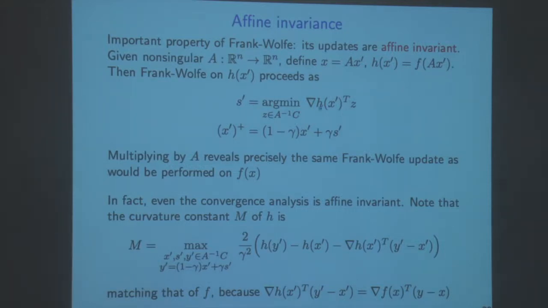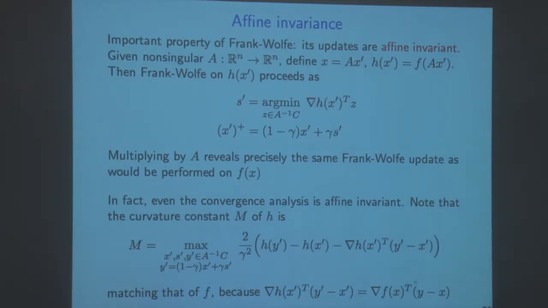So we basically get the gradient of f evaluated at A x prime, transpose A z, from the chain rule. And now all we have to do is make a variable substitution, right? Az is x. That tells us that x is in C, and it tells us exactly that this update is equivalent to what would have been made in the previous coordinate system. So it just comes from staring at that and using the chain rule. It's a very simple argument.